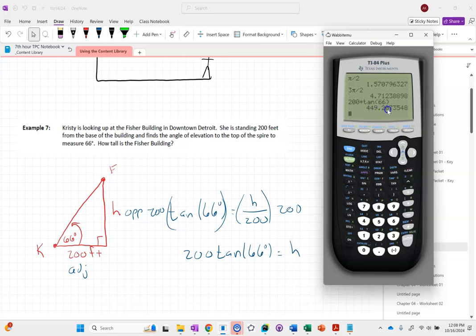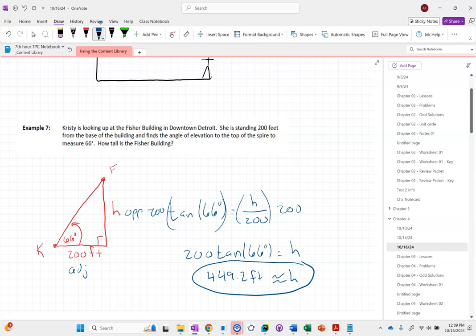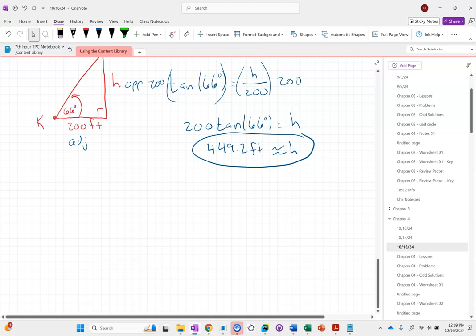So 449.2. Feels okay? Again, getting the picture is the hardest part. Let's do another.